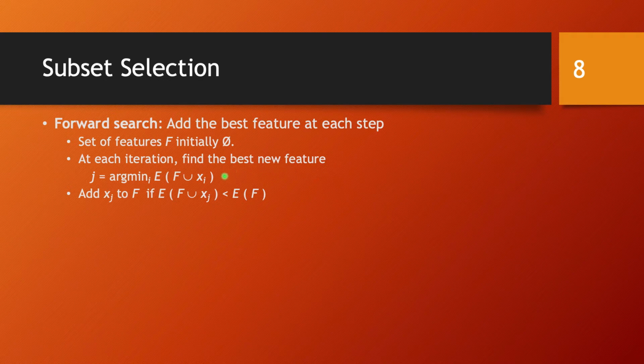So in other words, you are going to find that particular j which minimizes the error of your algorithm on a data set that's represented on the feature set F union x_j. So you are adding just one feature, feature j, to the current set of features. You train a model on your training data set, and then you evaluate the error on the validation set. And the one feature that minimizes this is going to give you the feature that you are adding in this step. So you are adding x_j to F if this error is smaller than what you had before.